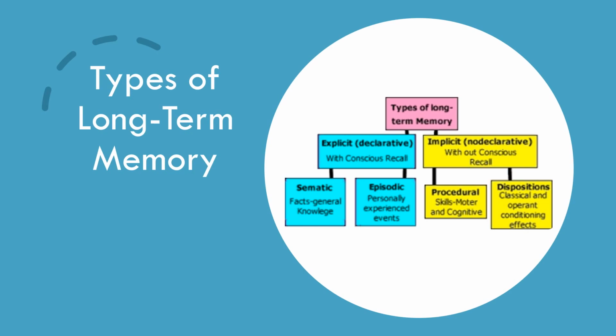Semantic memory includes general knowledge, facts about the world, and episodic memory includes personally experienced events, events that occur in a particular time or place. Implicit memory we can divide again into two parts: procedural and dispositions. Procedural examples are motor and cognitive skills, and dispositions examples are classical and operant conditioning effects.